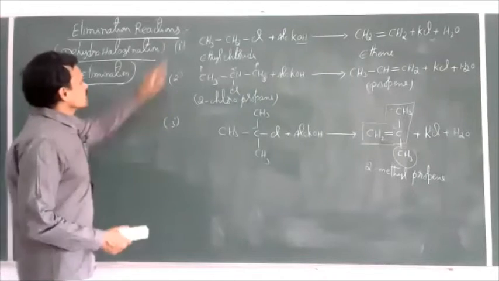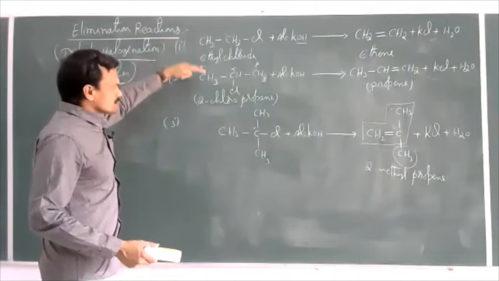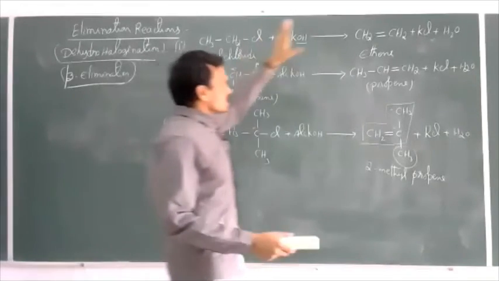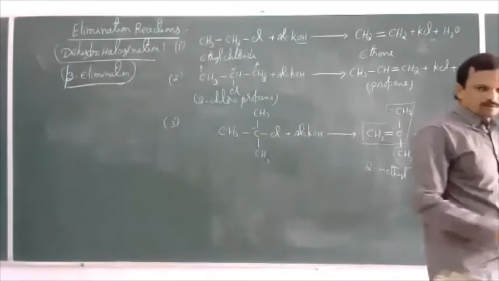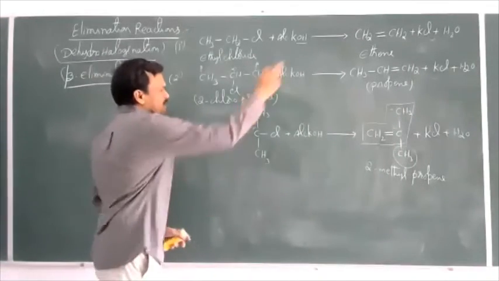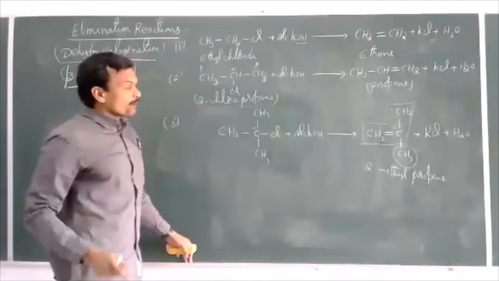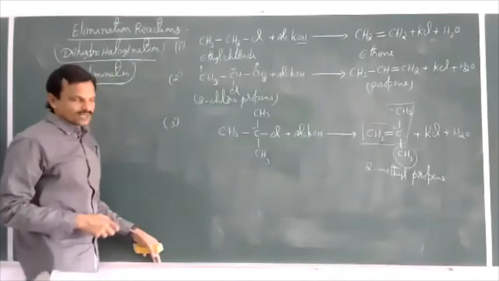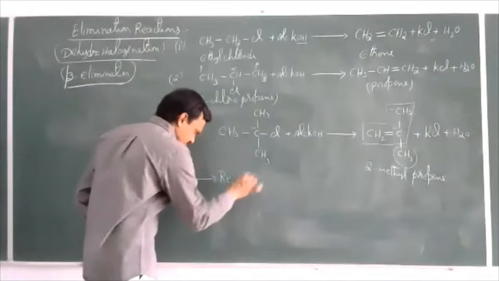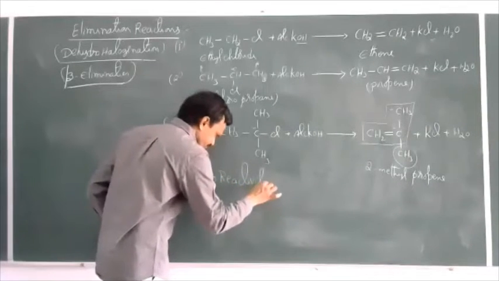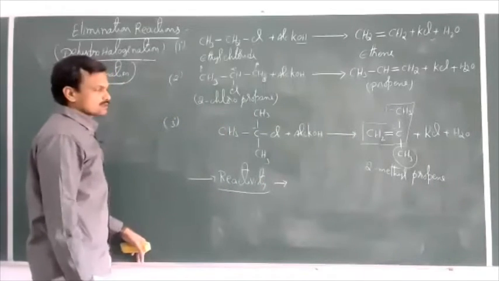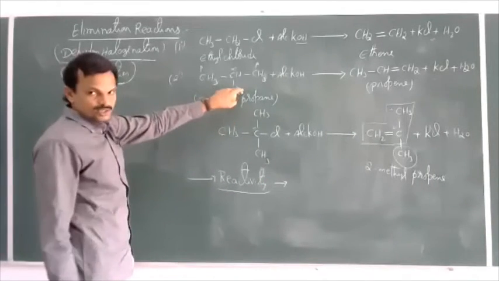Now let us see: primary haloalkane, secondary haloalkane, tertiary haloalkane. All of these give the same type of product, alkenes only. So the reaction yields the same type of product, that is alkene, but the rate of reactivity is different. What is the order of reactivity of these haloalkanes towards elimination reactions?